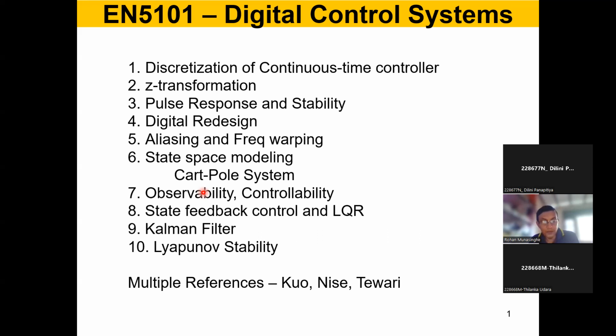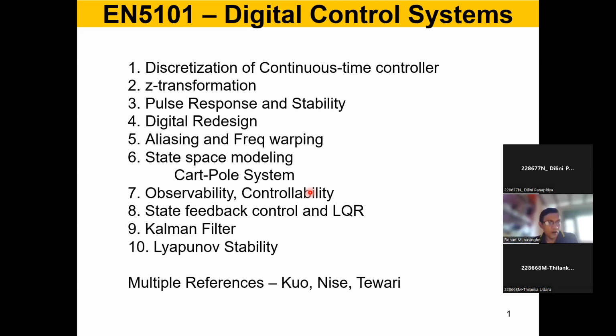Then the controllability. Controllability is, can you use this single control signal and control all the states in the plant? States means, say, if it is a vehicle, the speed of the vehicle, the acceleration of the vehicle, the position of the vehicle, or the steering angle of the vehicle.